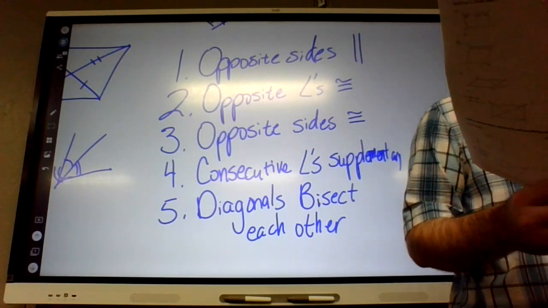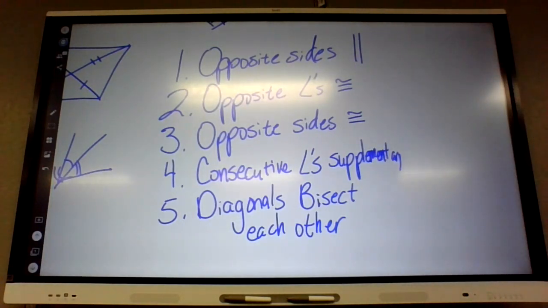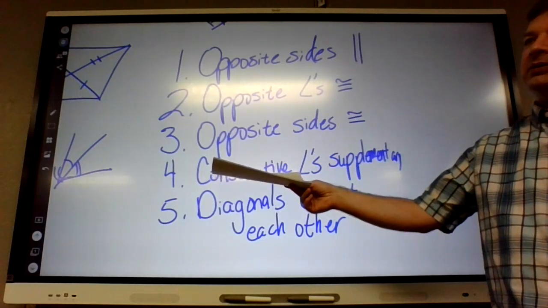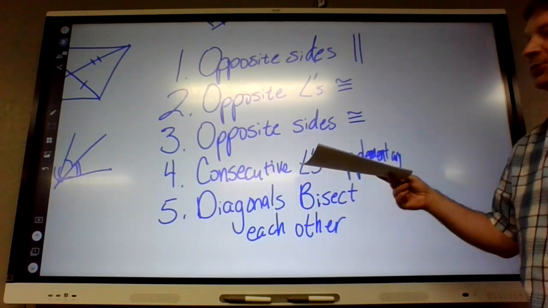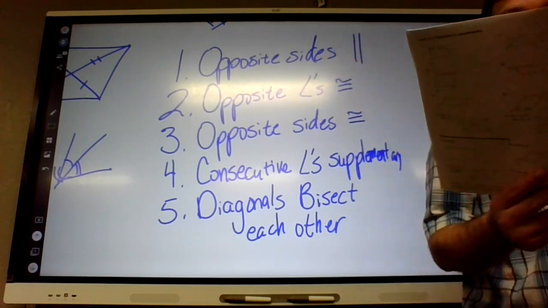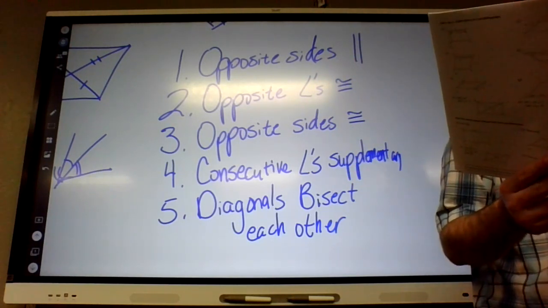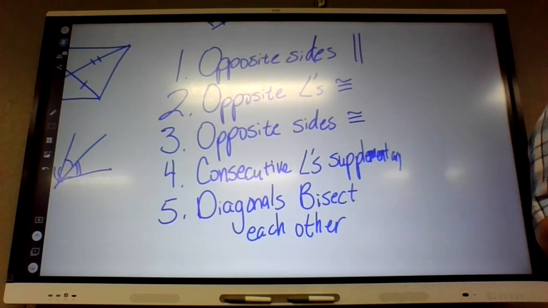Consecutive angles, 2 angles next to each other, have to add up to 180. So 180 minus 80. Number 5, 23. Opposite sides are congruent, 23.